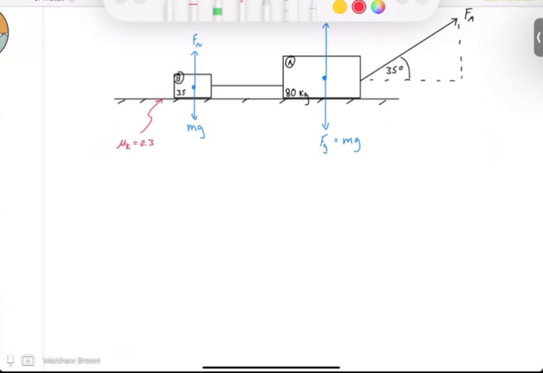For all intents and purposes, there's box B, there's box A, and I can just look at this like it's just one object that has a mass, if you will.